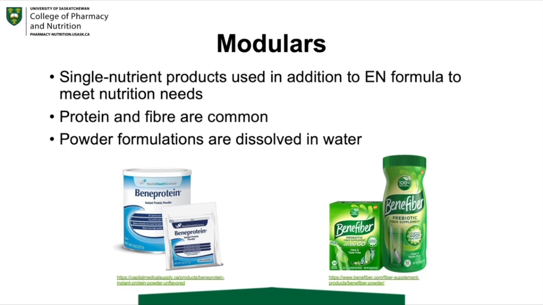Lastly, single nutrient products may be added to EN formula to meet nutrition needs. These are called modulars. Common modulars are protein and fiber. It is important to note that powder formulas are dissolved in water and administered via syringe. They are not mixed into formula.